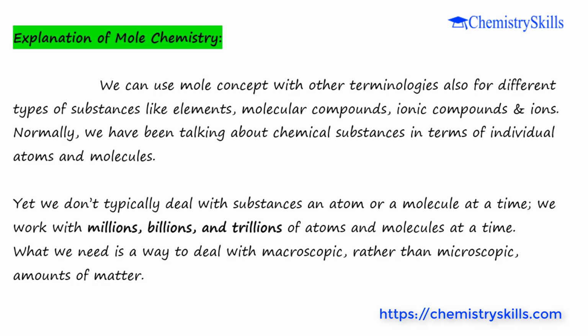But when we perform certain experiments or we use chemistry in industrial applications, we do not typically deal with substances on an atomic or molecular or ionic level. We deal with these species as particles in millions, billions and trillions, which can be atoms, molecules, ions or formula units.